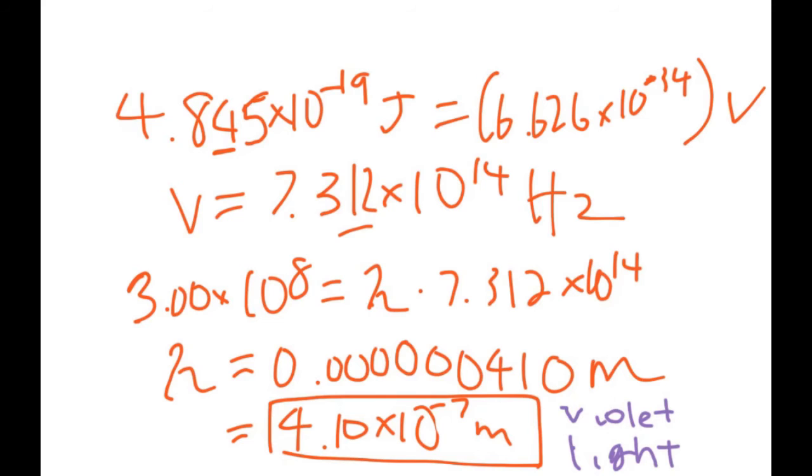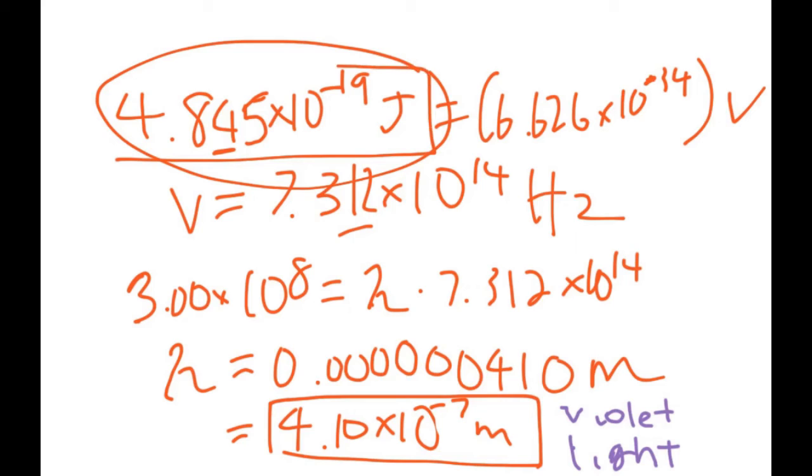So what I did here was that I took the energy that that 1 electron needed to move from n equals 2 to n equals 6, and this is the energy that that photon needed in order to cause the electron to jump from 2 to 6.